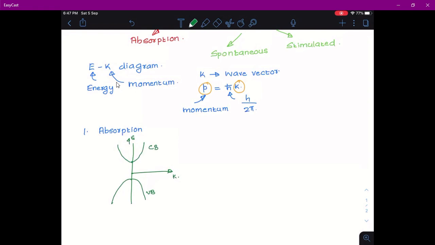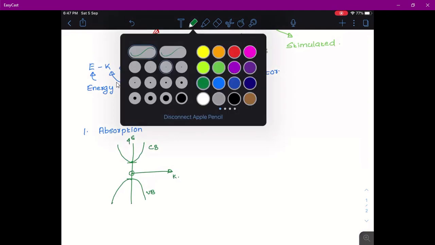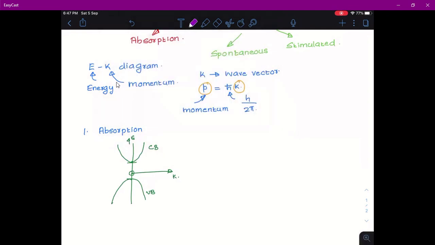So at k equal to 0, which is this point, you have the minimum of the conduction band and the maximum of the valence band. Now let's say there is an electron present at energy level E1.